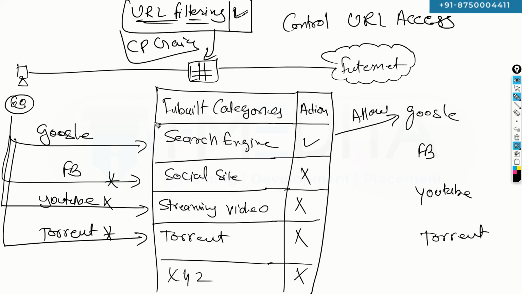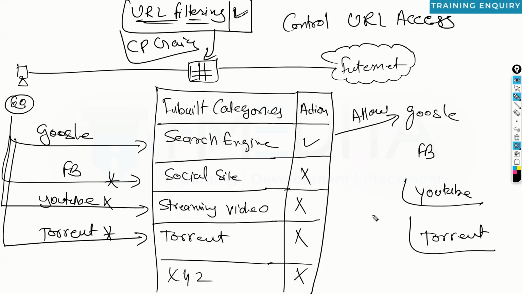Then with the help of URL filtering, we can minimize the risk of attack, because mostly attacks will come in the format of a file or data. That file or data you will download from torrent or any other servers. So when we block that category, the user will not be able to access that site.